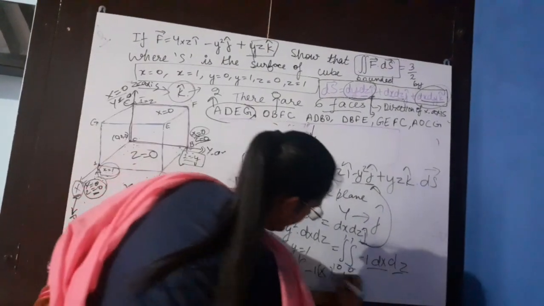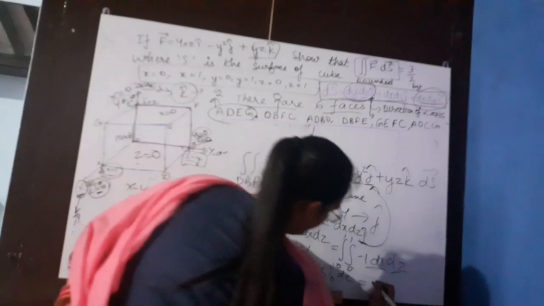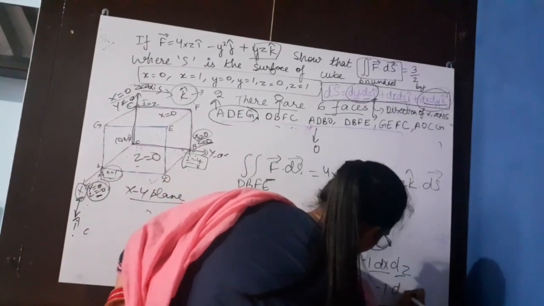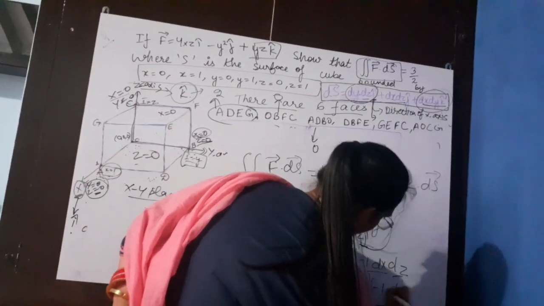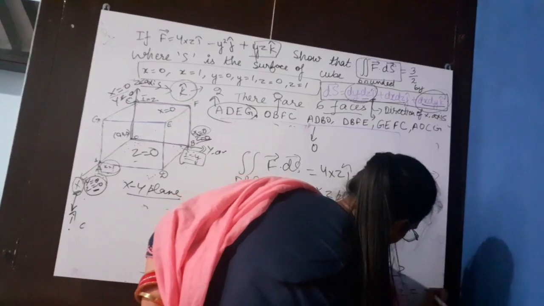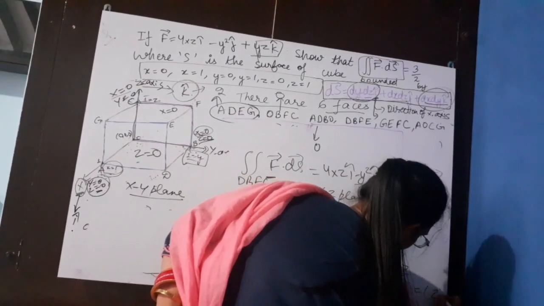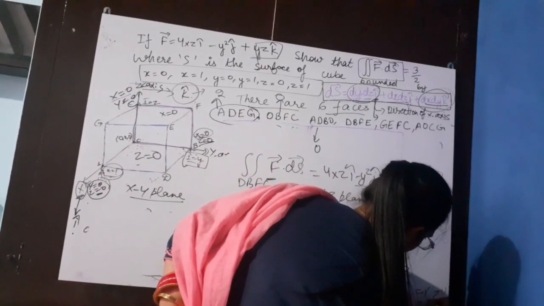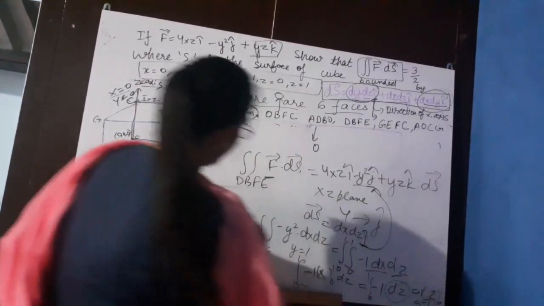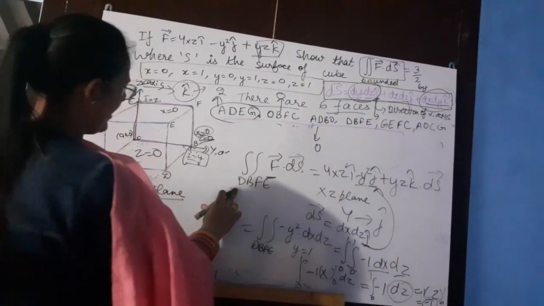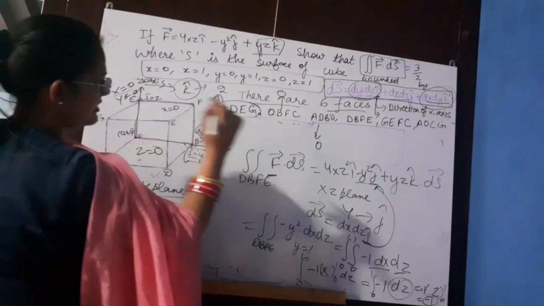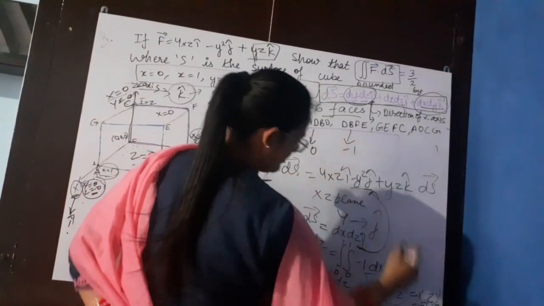Putting the limits, we get minus 1 dz from 0 to 1, and integrating again we get z from 0 to 1, minus 1. So the surface integral along the face DBFE is equal to minus 1.